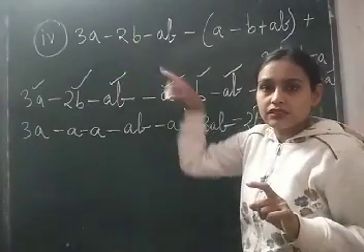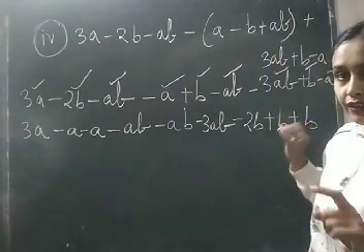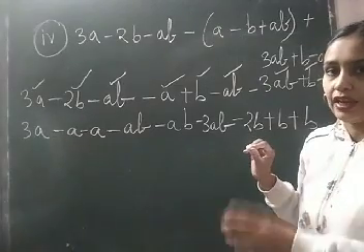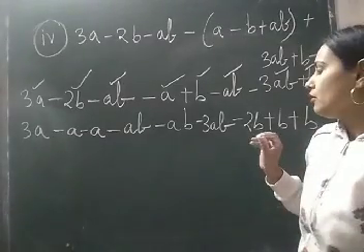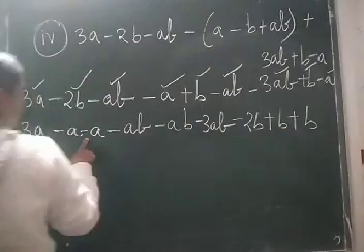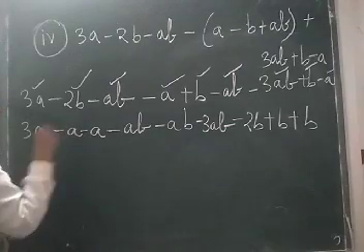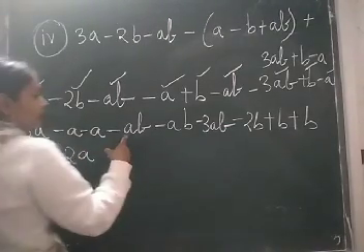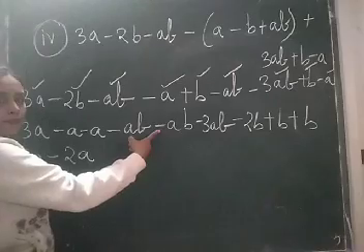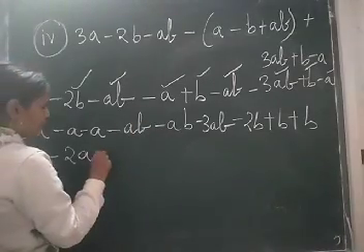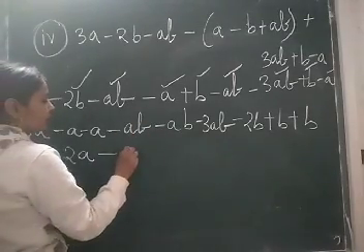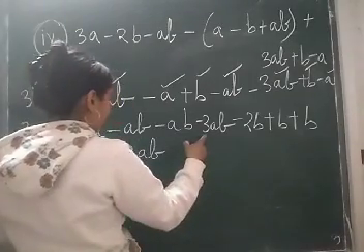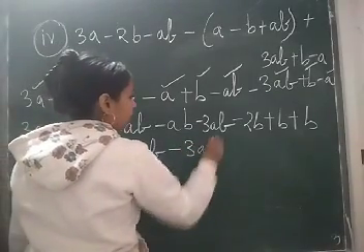Putting ticks on the top of it helps us to know that this term is over. That means we have already written this term. So minus minus plus, so 1 plus 1 gives us 2. 3a minus 2a. This is also minus minus plus, so 1 plus 1 gives us 2. So minus 2ab and minus 3ab.